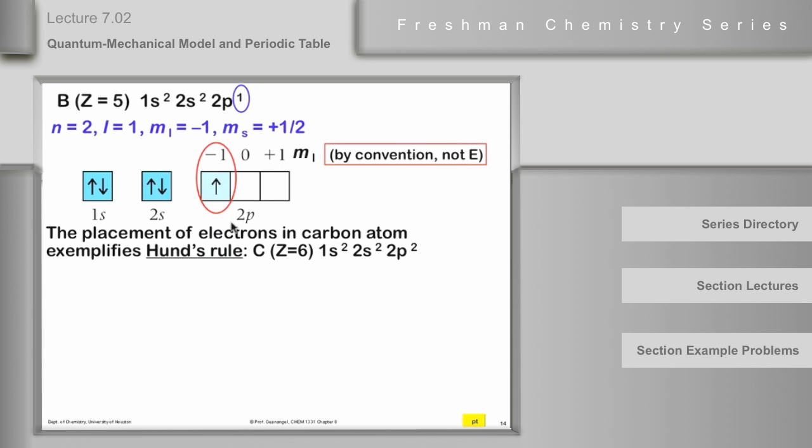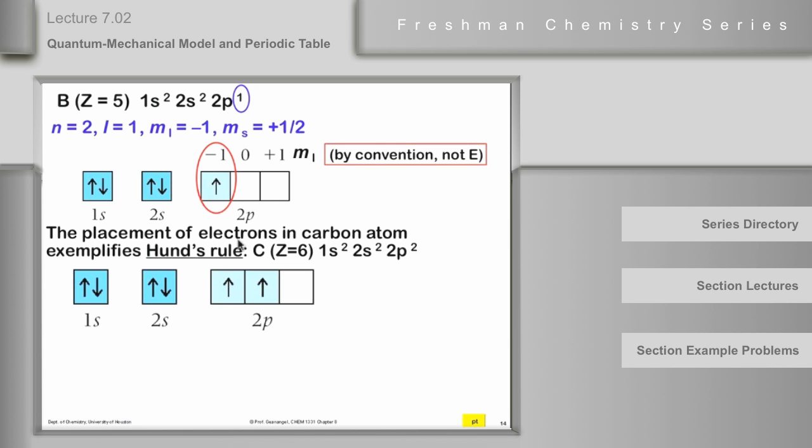Okay? Hund's rules say you want to maximize the spin. The total spin is maximized by having the direction of the spin parallel. You put the second electron in with a spin that's parallel to what the first electron was.